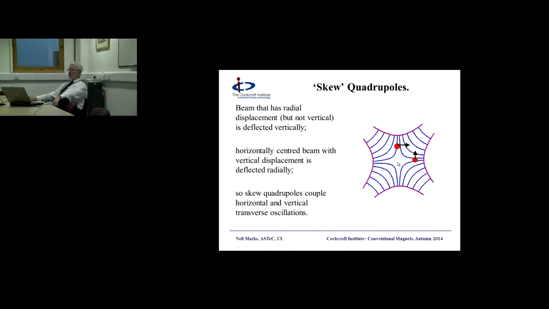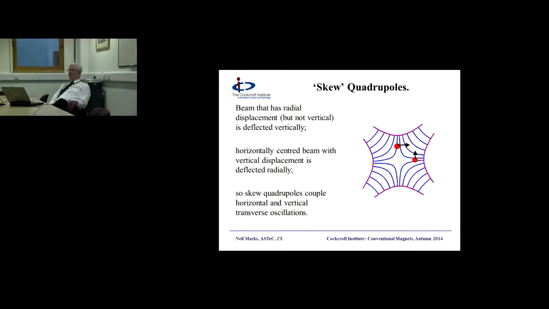And notice something straight away: if a particle is displaced vertically in a skew quadrupole, then it's not corrected vertically, it is actually given a horizontal bend, and likewise beam that is offset horizontally is given a vertical bend. So in fact skew quadrupoles couple the horizontal and vertical betatron oscillations, and most of the time this is not what you want to do in a particle accelerator.